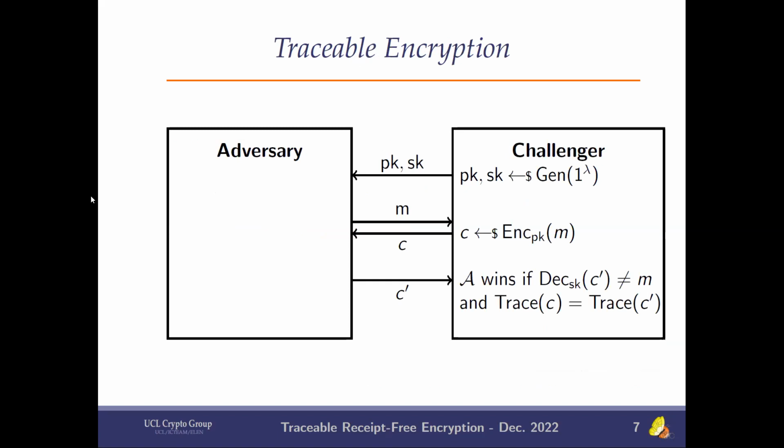And so for this trace algorithm, we want to protect against the verifiability attack. And so we introduce this kind of unforgeability game in which the adversary can send some messages to the challenger and receive the ciphertext. And then the adversary wins if he manages to find a new ciphertext that has the same trace, but decrypts into a new vote.